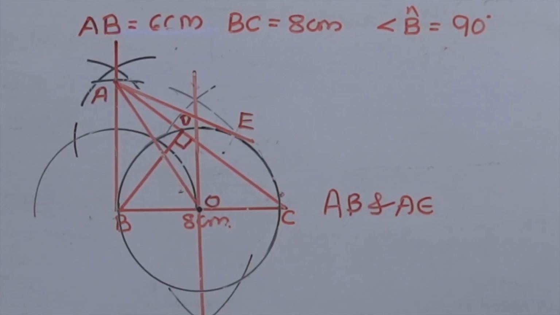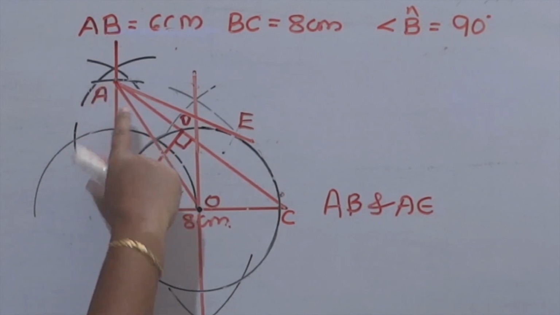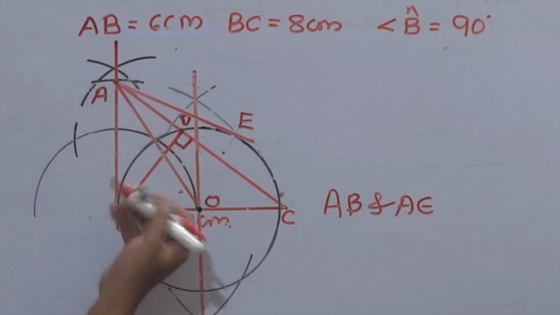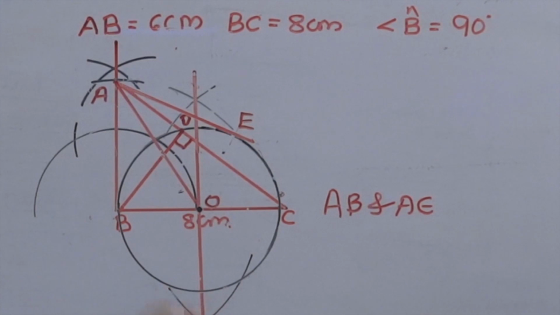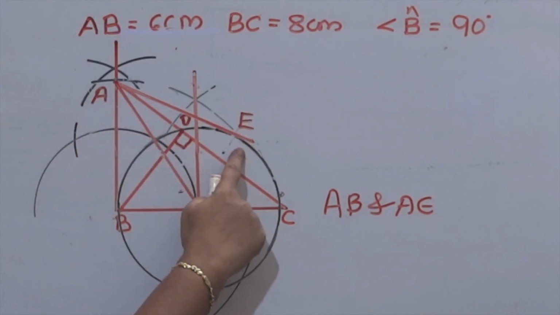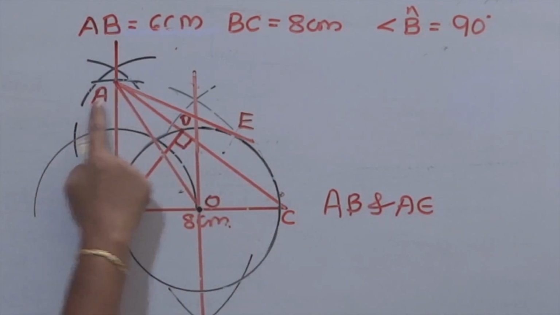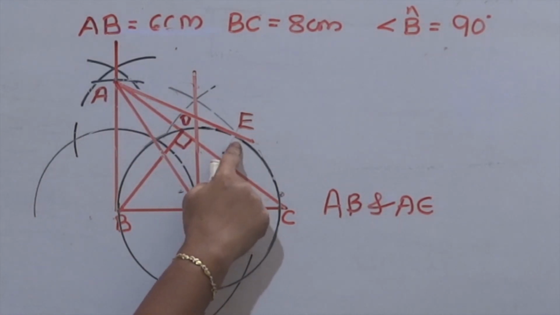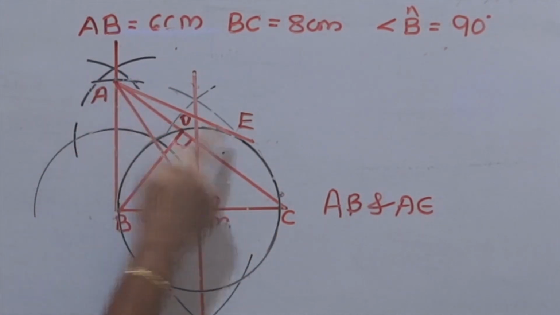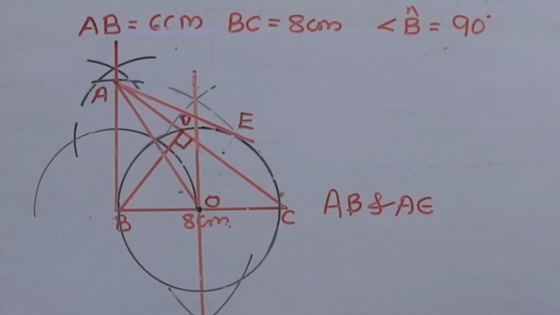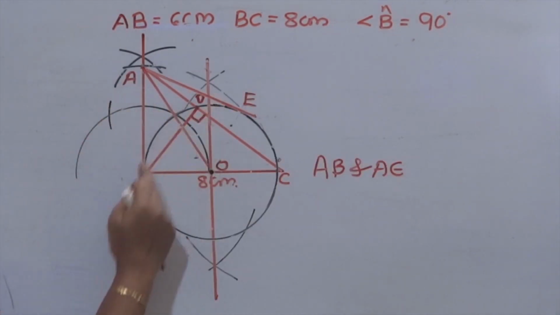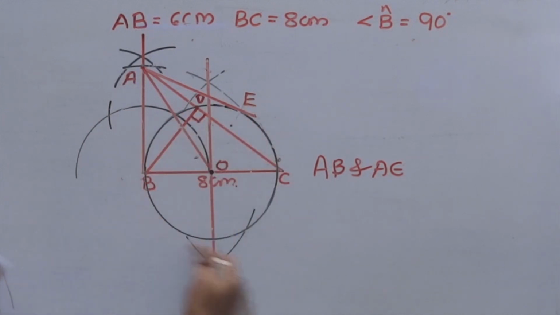This is the shortcut method. You just measure the distance AB with the help of compass, make an arc on the circle and join the point A to that arc on the circle. In this way you will get one more tangent. This is the easiest way. Here we have drawn 2 tangents to the circle passing through a right angle triangle.